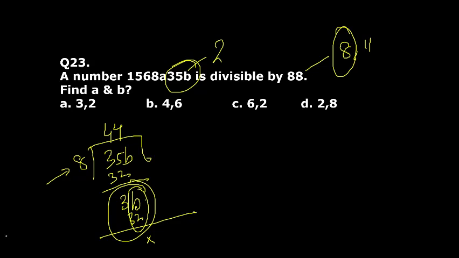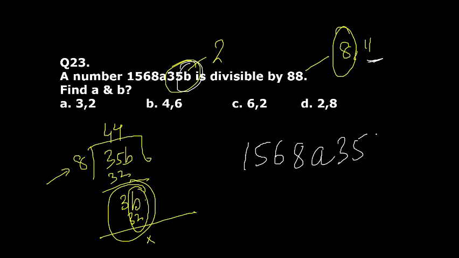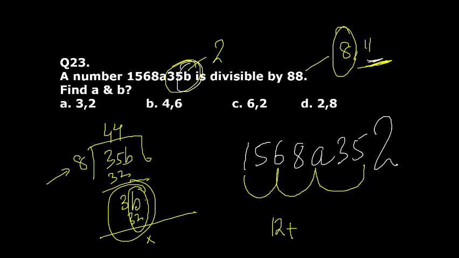Now this number is divisible by 11 also. The number is 1568, A 35, and B is nothing but 2. Now it is divisible by 11 also. What is the rule of 11? Check the alternate digits and add them. 1 plus 6, 7, plus A plus 5. You are getting 12 plus A. Then 5 plus 8 plus 3 plus 2.